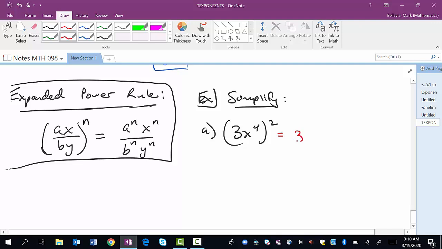So we have 3 to the 2nd power times x to the 4th to the 2nd power. Well, 3 to the 2nd power, now you can evaluate that. That's 9. X to the 4th to the 2nd power, that's our rule for a power to a power. Remember, you multiply those, so it's x to the 4 times 2, which would be x to the 8th, so the whole thing is 9x to the 8th.